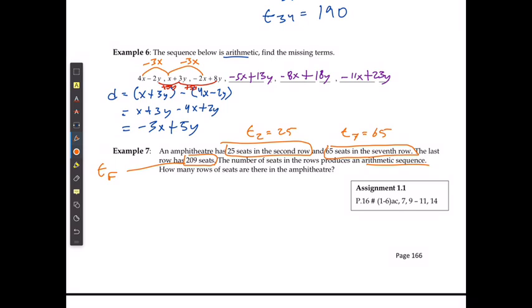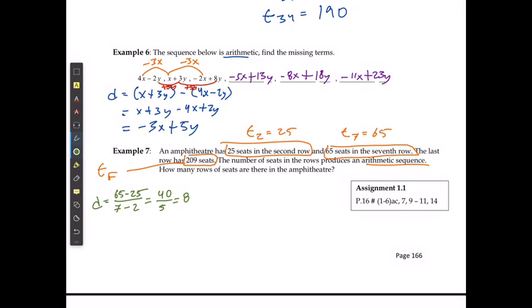So the first thing I'm going to do is, like with example 5, because this is very similar to example 5, I'm going to solve for what that common difference is. The difference is equal to 65 minus 25 over, this is the seventh term, and this is the second term, which is going to give me 40 over 5 changes, or it's changing by 8 every single time.